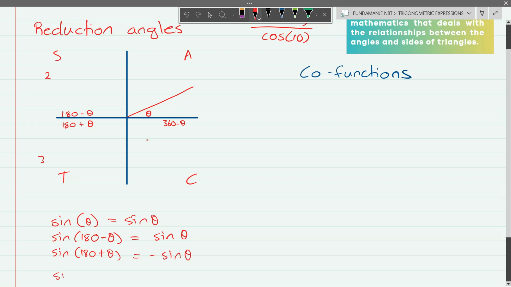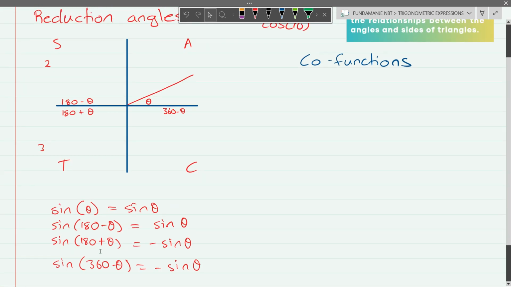Lastly, sine of 360 minus theta is equal to minus sine theta because it's in the fourth quadrant where only cos is positive. We can do this repeatedly for tan and cos and see where each individual trig function is positive and negative. This is how we use these laws in order to reduce certain angles.